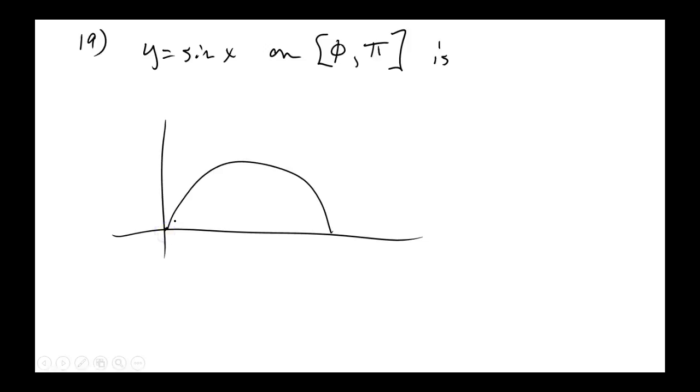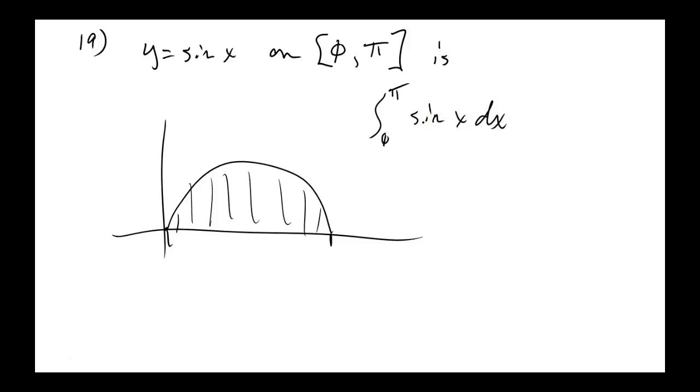But the thing about it is you need to do an integral. The integral will give you the whole value, and then divide by the base, and that gives you the average value. Like if this were 15 scores on the test, you'd add them all together, which is integration, and divide by 15. But this is continuous, so you do the total area under there. So the integral from 0 to pi of sine x dx.